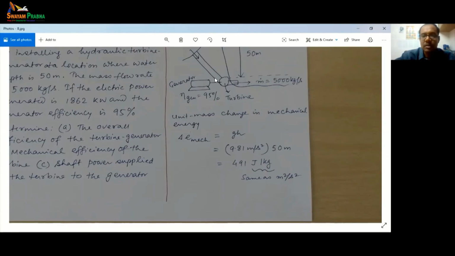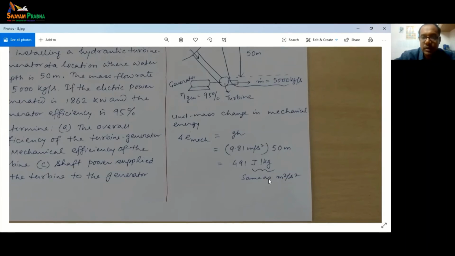So per kg of water flow through this turbine, the available mechanical energy is 491 joule. And you may wonder that these units are meter square per second square, right? This line will give you the unit of meter square per second square. And why am I writing joule per kg?